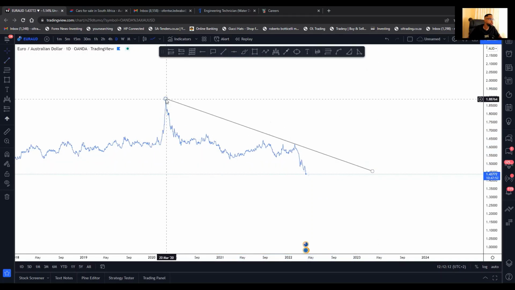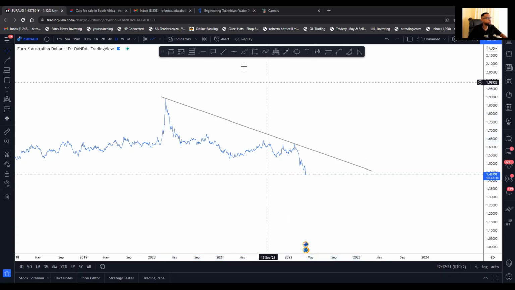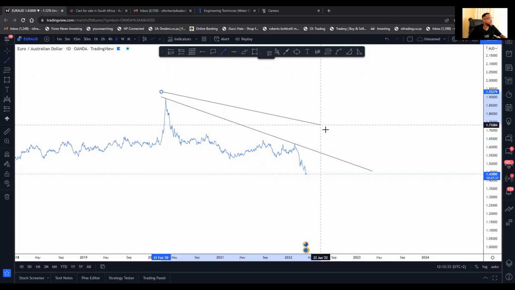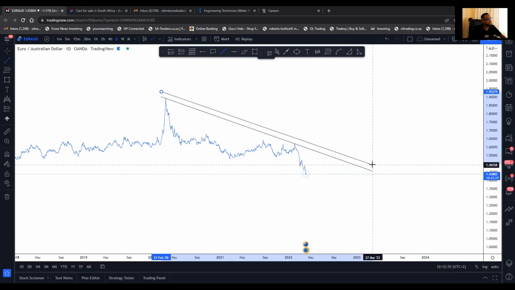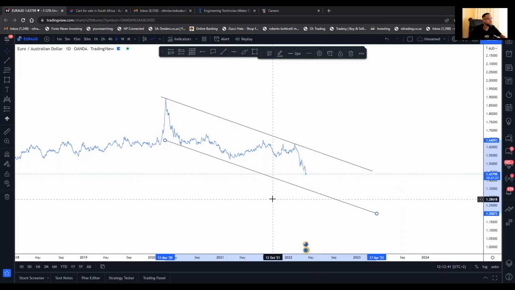What you need to do is to draw a channel. The channel will be a line parallel to this line. You can press Control on your keyboard, which will copy this, or you can draw a line parallel to this in this manner, and then take your line like this.